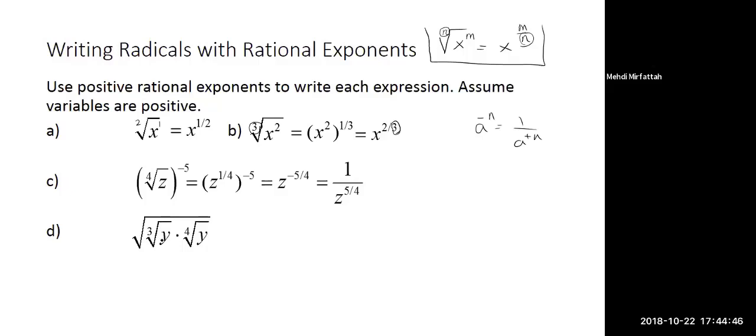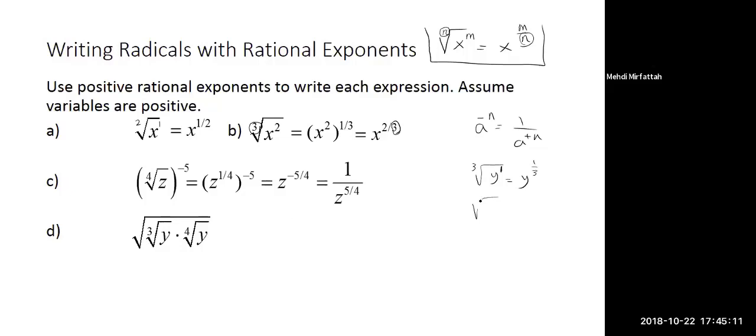cube root of y and 4th root of y inside the square root of the whole thing. So if you recall, just this portion here, that is the same as x to the power of what? This is 1. The root is 3. So it would be, not x, y to the power of 1 over 3, right? Just this portion here.